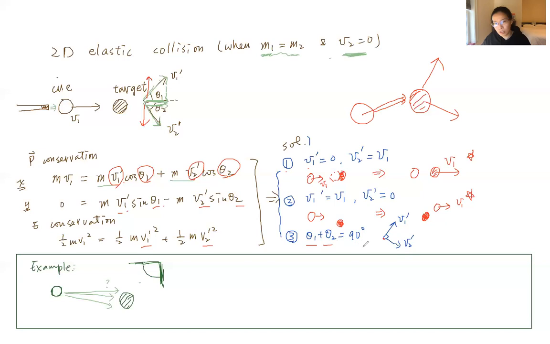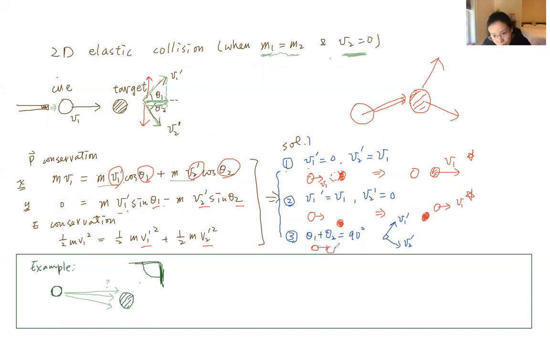So after the collision, imagine the collision is coming. Let me draw a picture here. Imagine this is coming to this, but slightly off center. Not completely in the center, slightly off center.